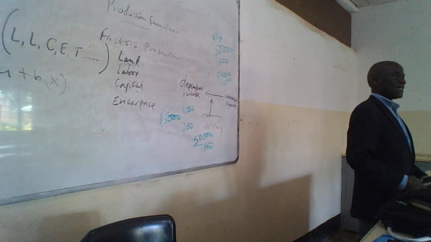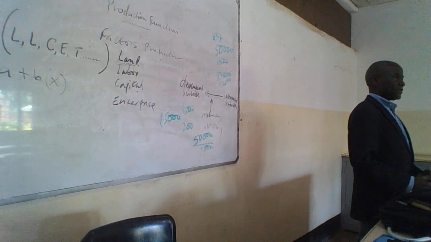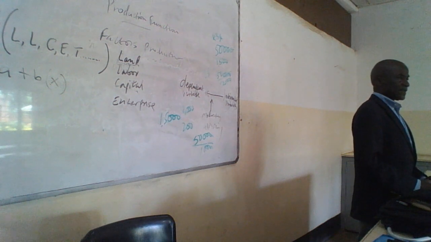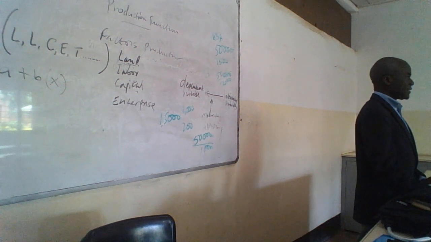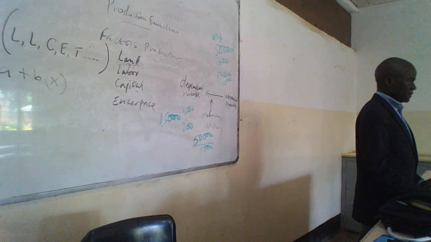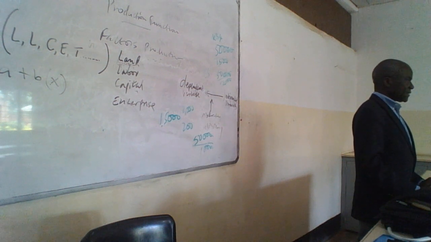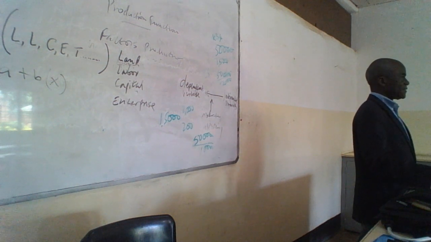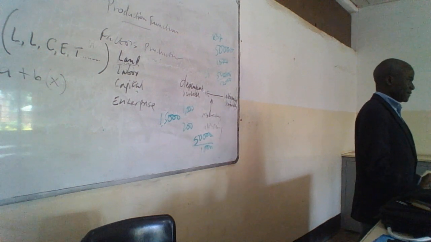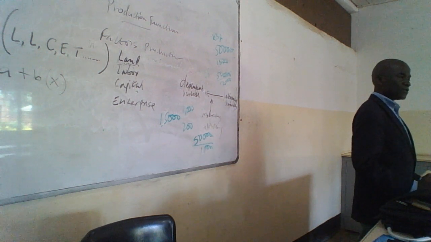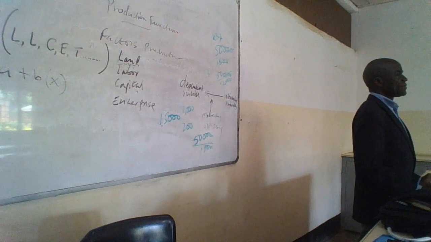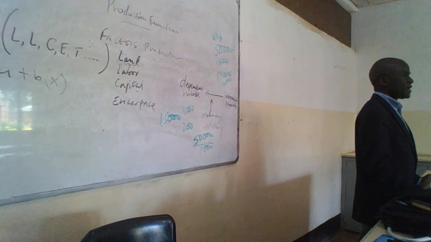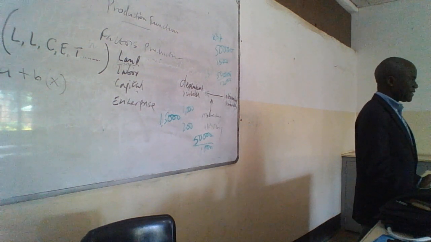When you add another worker, maybe 4, they start producing 5 bags. So by employing 1, you have added 2 more bags to your output. And so on and so on, until you reach a point where adding more doesn't give you much benefit.